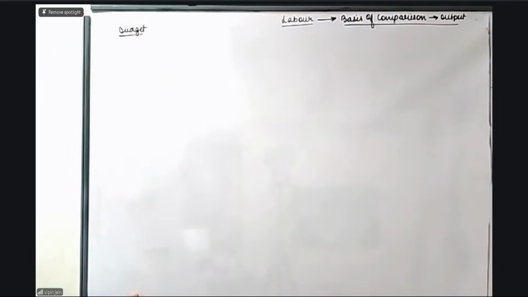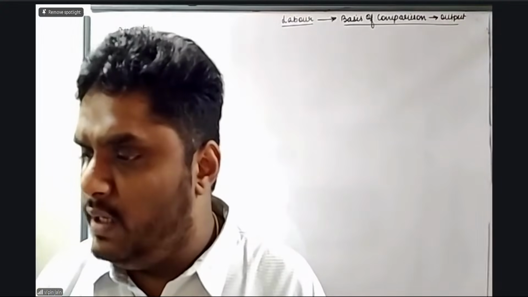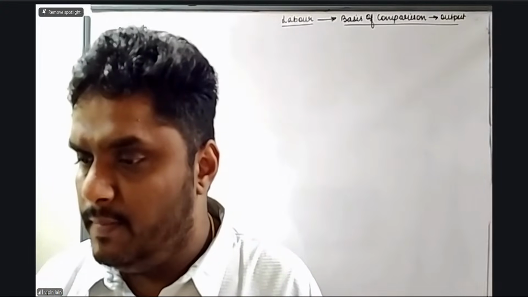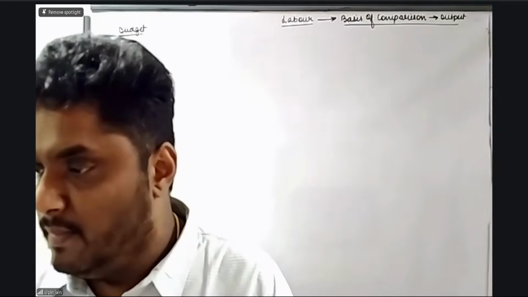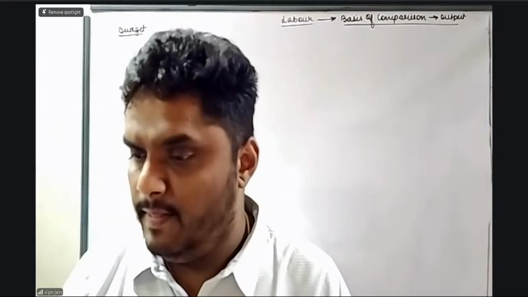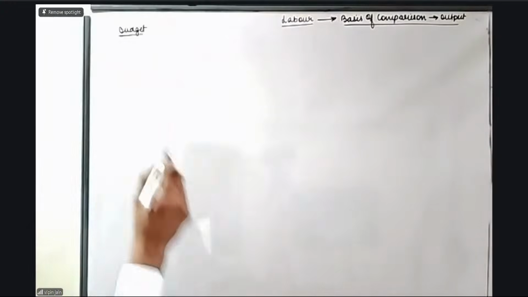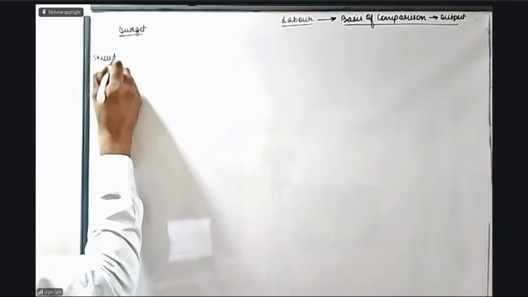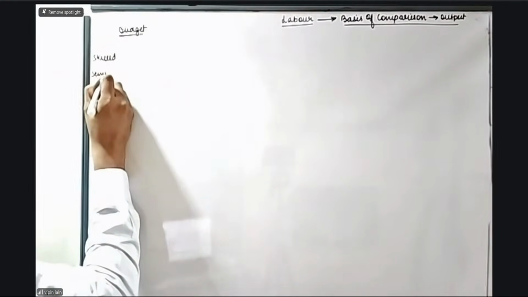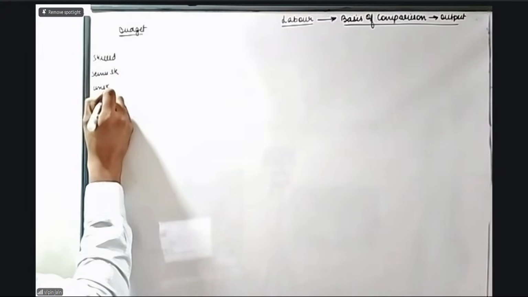For manufacturing 1 unit of a product, let's say 3 types of labor are required: skilled, semi-skilled, and unskilled.